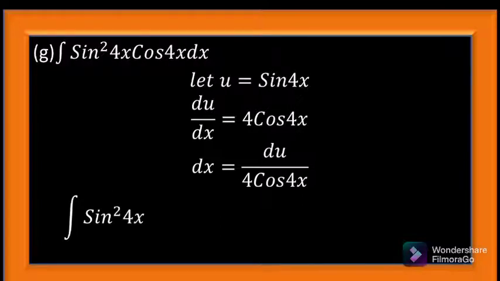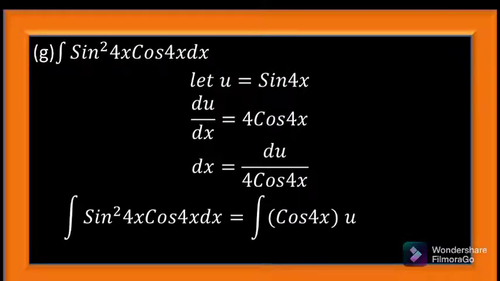When you now do the substitution, that integral that we have becomes the integral of cos of 4x into u squared, but dx has become du out of 4 cos of 4x. The cos of 4x again, as you see, can cancel with cos of 4x, but keep the work smart. So I remain with a quarter integral of u squared.